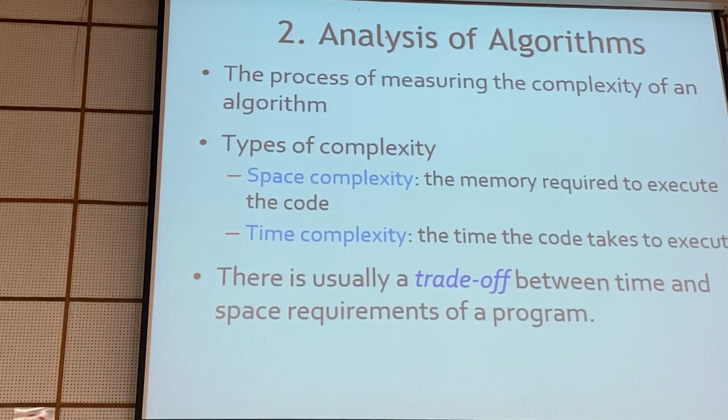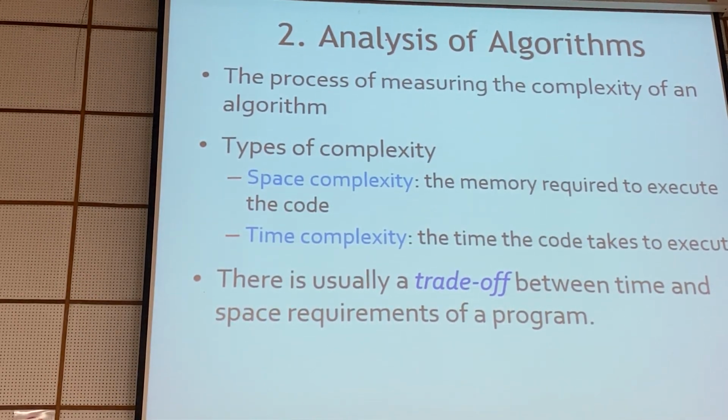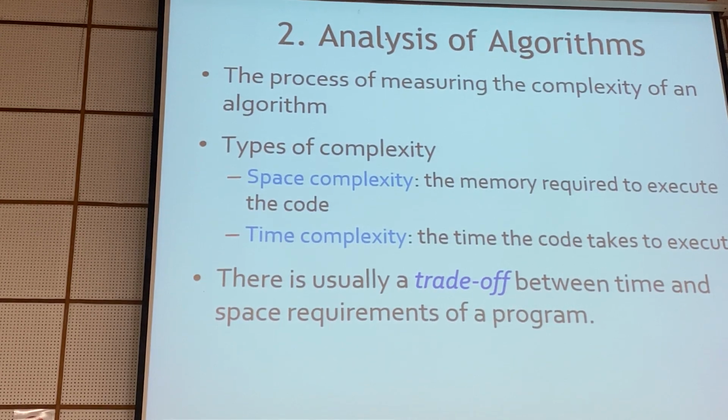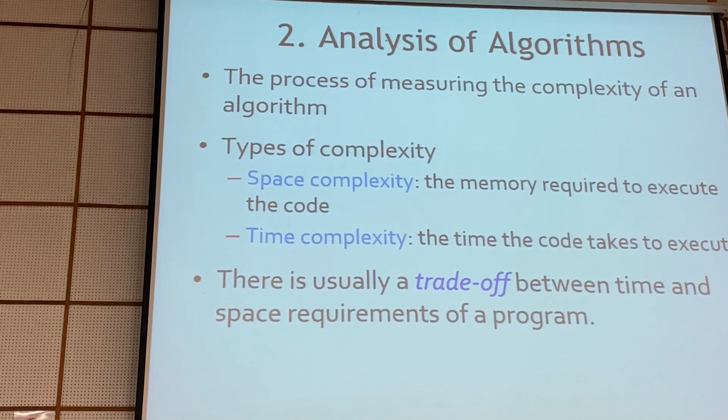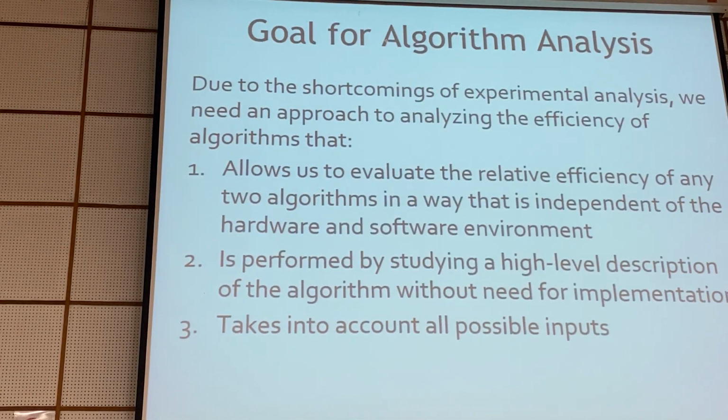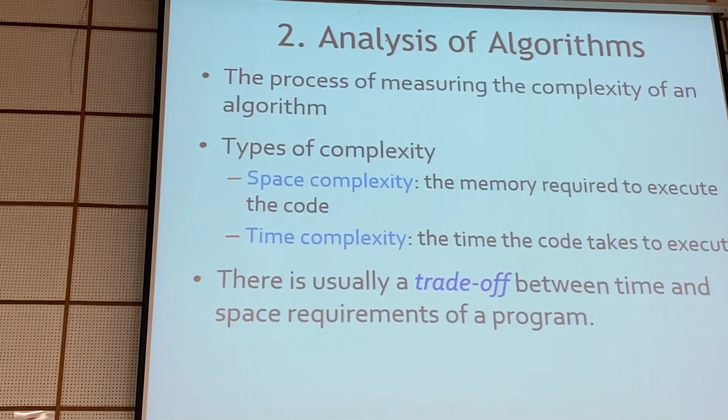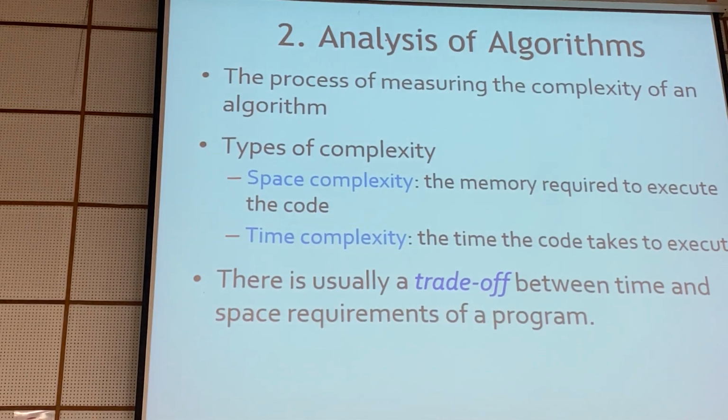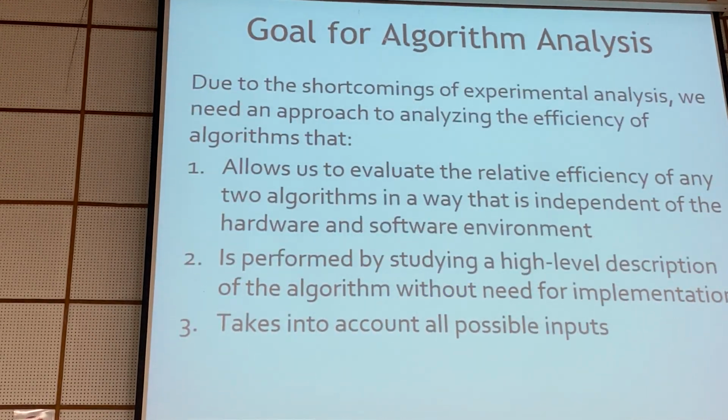So take a look at these two types: one is space and one is time. Try to understand here. We're going to concentrate on time complexity. Alright, now let's move on.